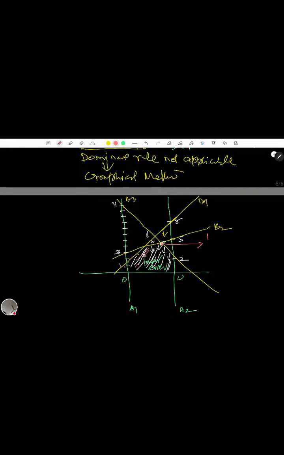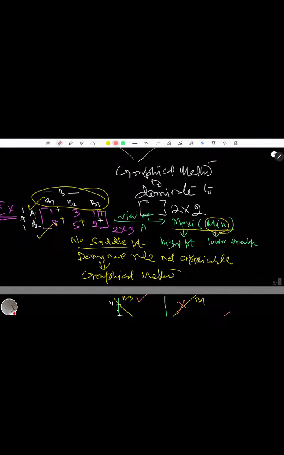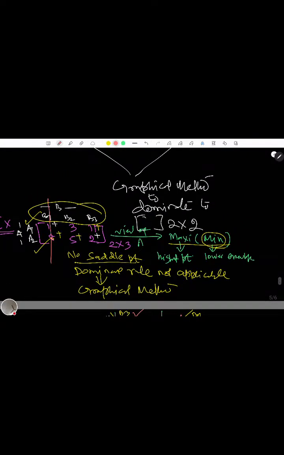The highest point of the lower envelope is my maximin value. This maximin value is the intersection of B2 and B3. So B1 is dominated.